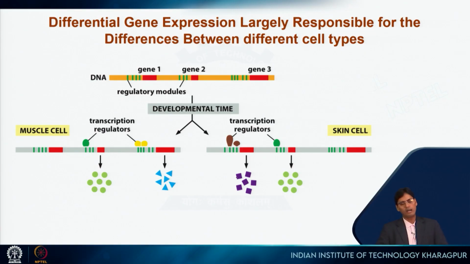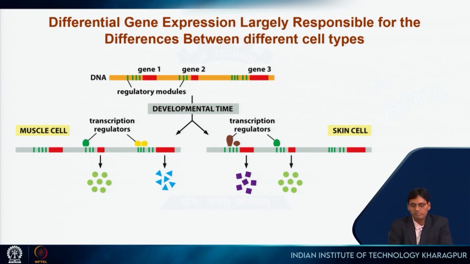Now, this differential gene expression is largely responsible for the differences between different cell types, as I already mentioned. But why are these different genes getting expressed in different types of cell? Although the information is present everywhere, all this is happening because of the regulatory modules and the regulation of gene expression.